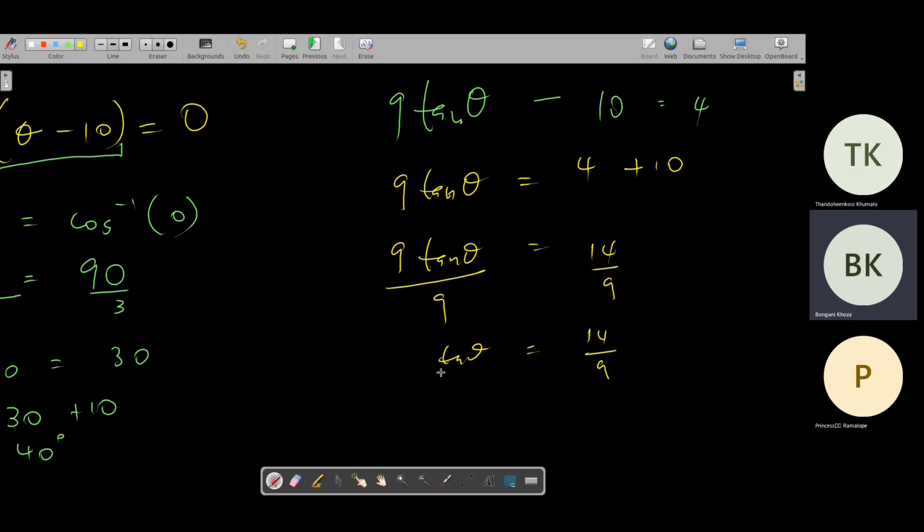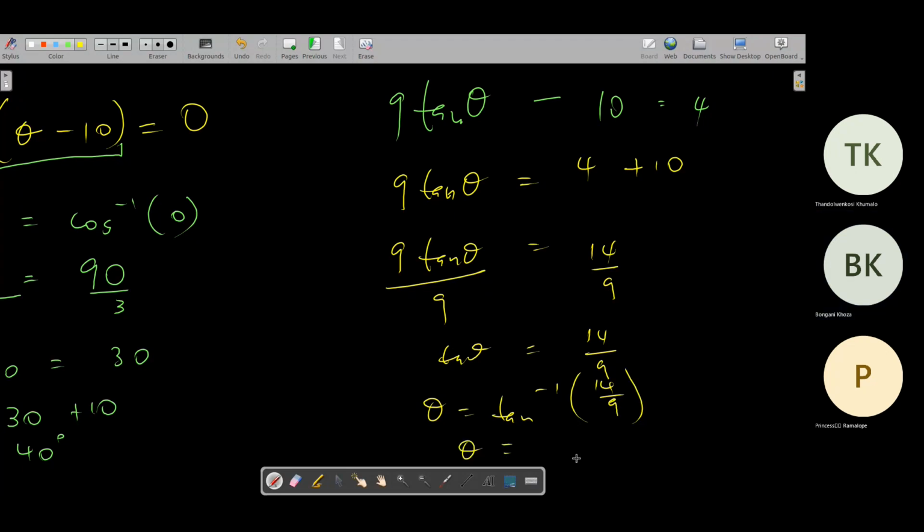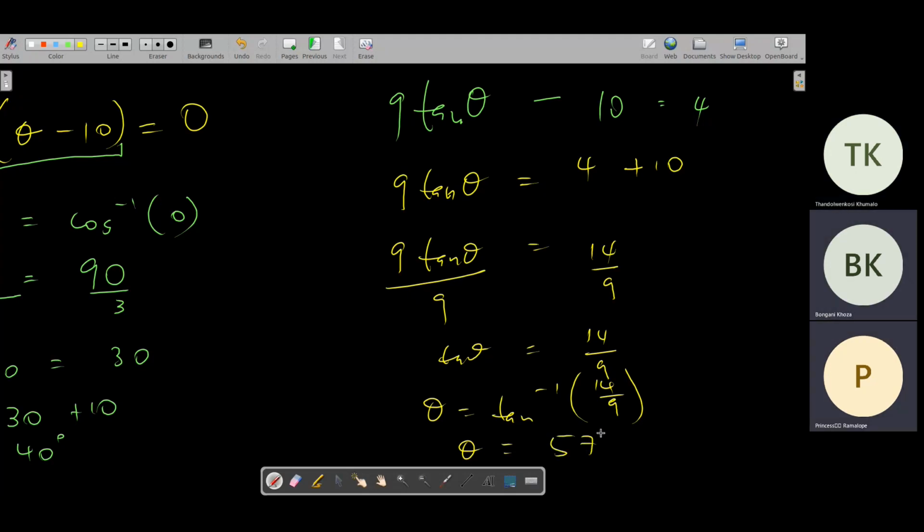You're trying to get rid of the tan, so you use arctan of 14 over 9. And then what did you get? 57 degrees. 57 degrees. Okay.